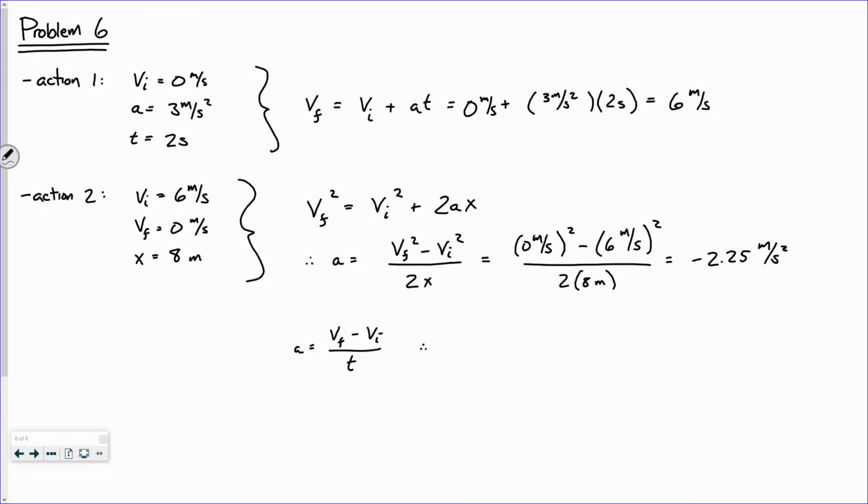Or time is Vf minus Vi over A, which is 0 meters per second minus 6 meters per second over minus 2.25 meters per second squared. What does that come out to be?